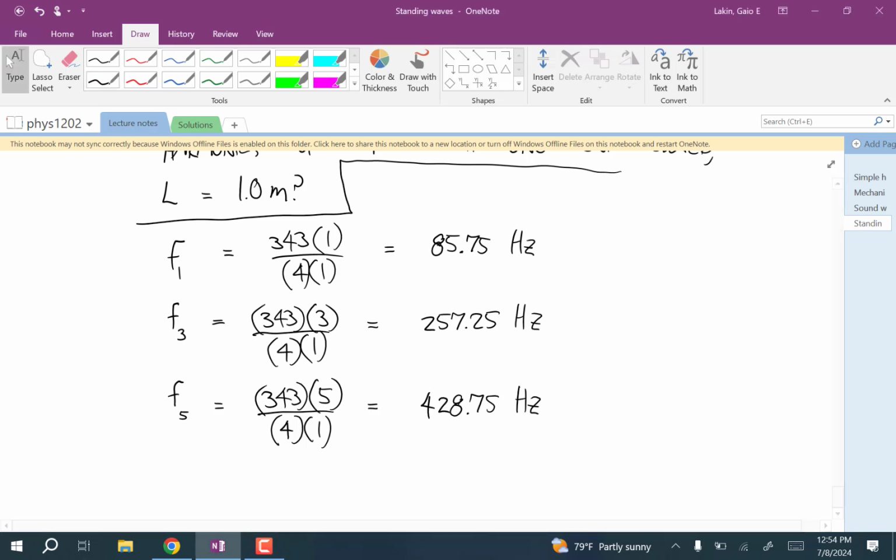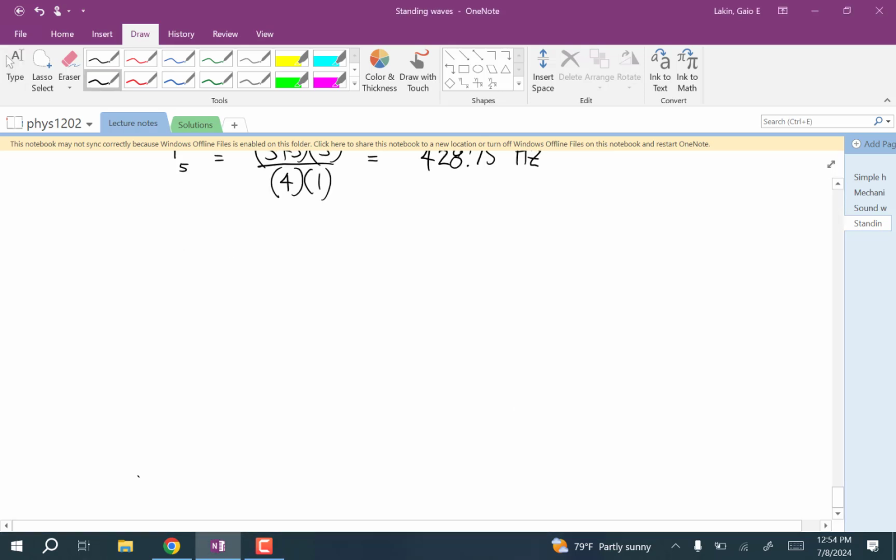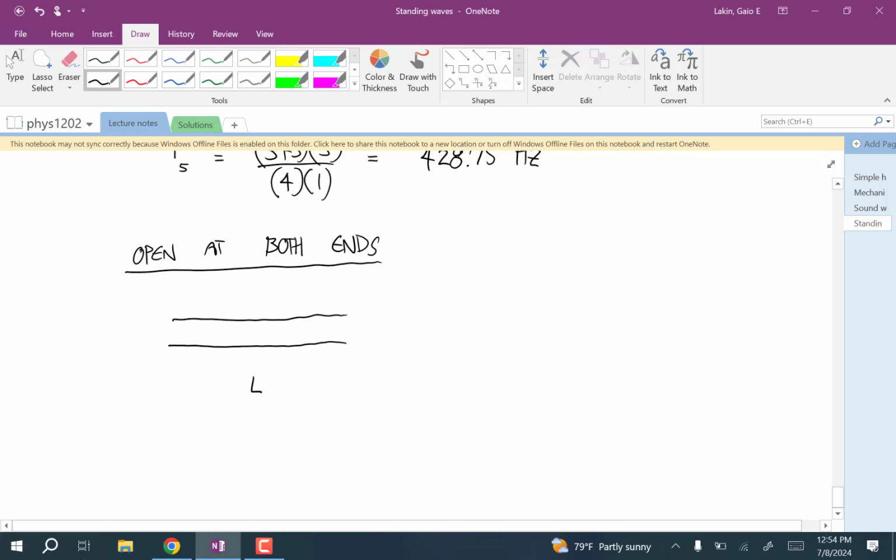Now we can do the same analysis for a pipe that's open at both ends. So this time our length L is this. And what's required now is that we have maximum displacement at both of the two ends because they're open.